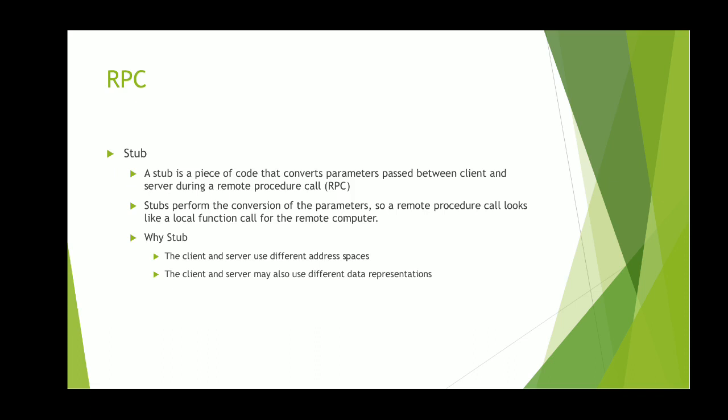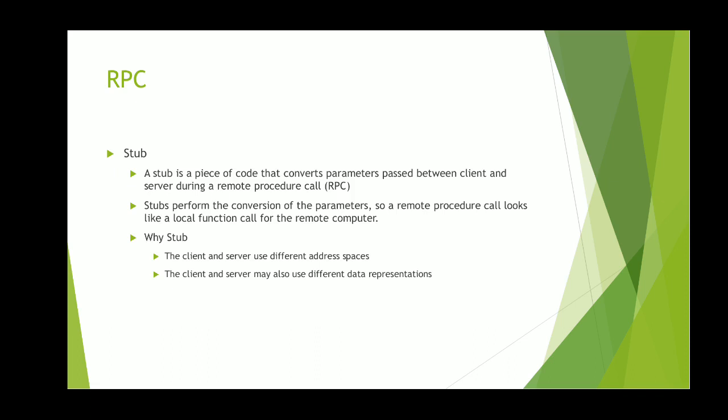We can understand this feature by an example. Suppose our client application is made in C or C++, and in a remote procedure call invocation, our client application sends some parameters to the server, and the server performs the task based on the remote procedure call and the parameters.